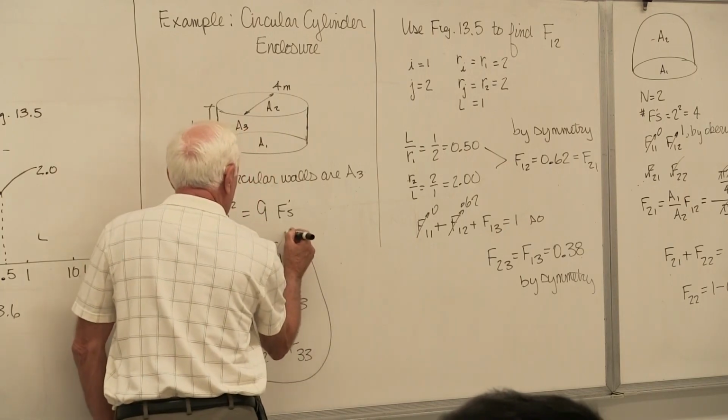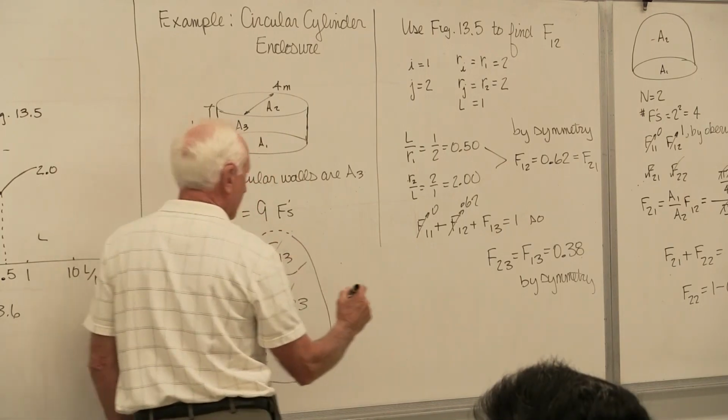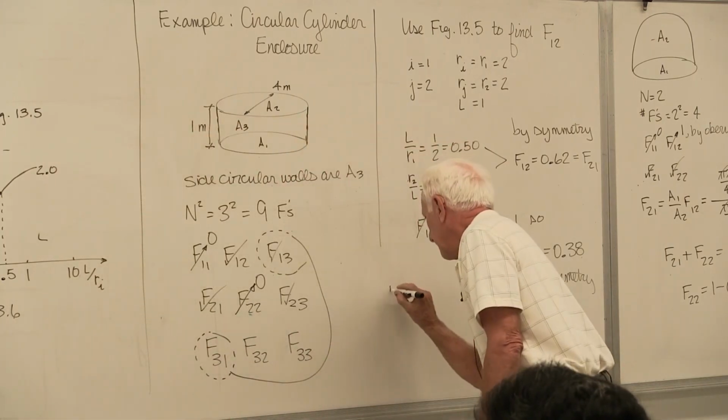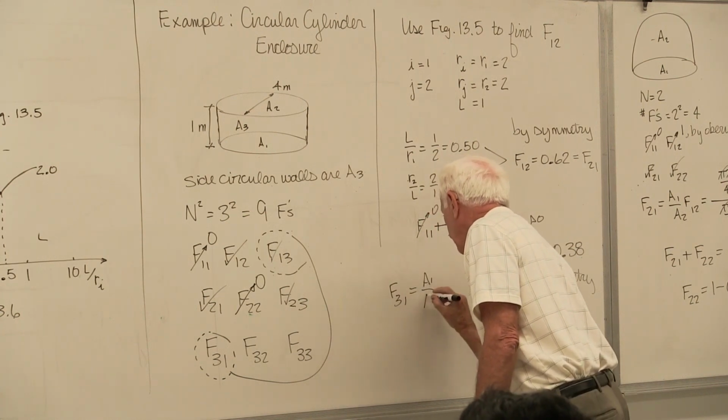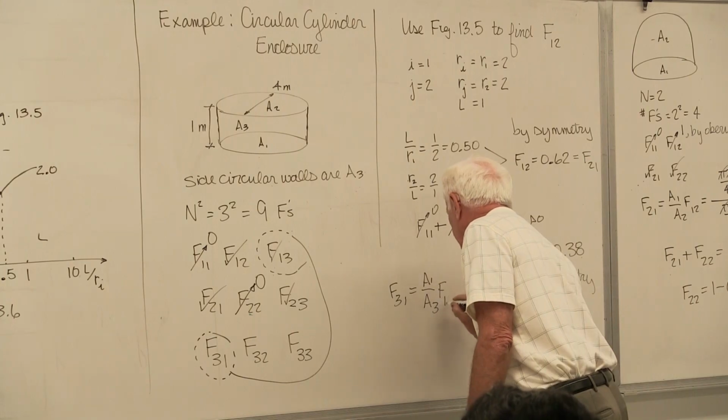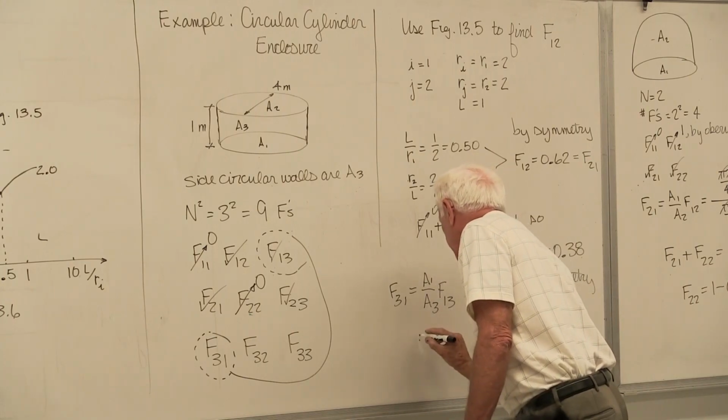F31, F13, reciprocity. F31 equals A1 over A3, F13. Okay.